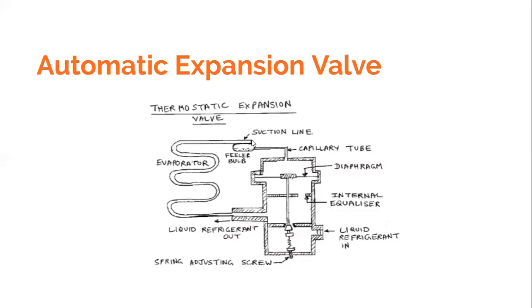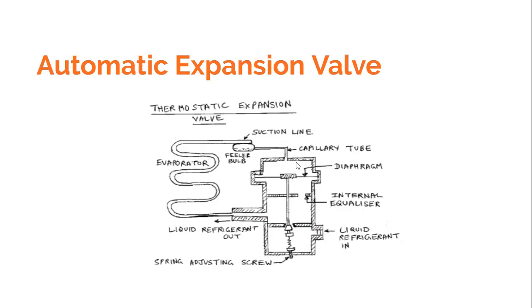When the degree of superheat increases, the pressure inside this would increase. Pressure exerted by the refrigerant or the fluid in this filler bulb would increase, and this increased pressure would now be exerted on this diaphragm.